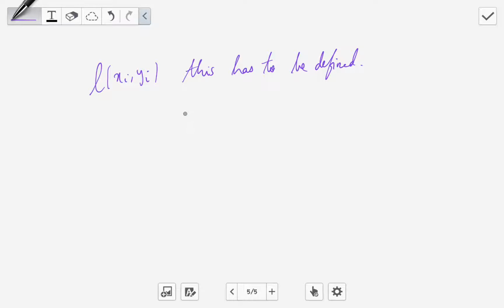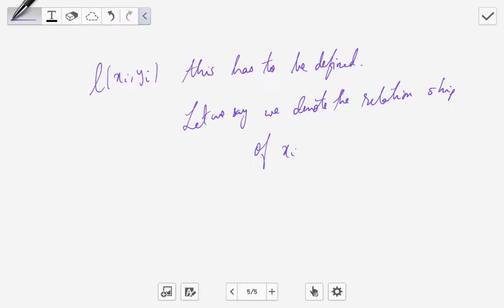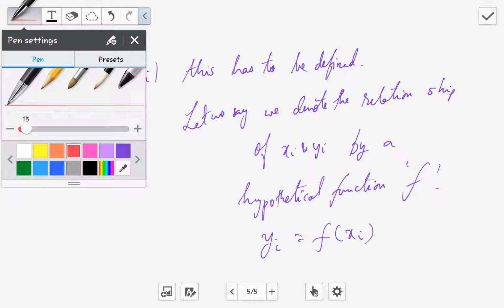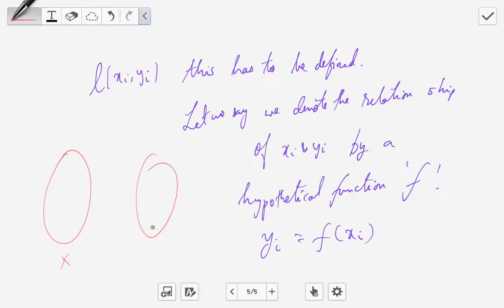Now let us say we denote the relationship of xi and yi by a hypothetical function, say small f. So yi is equal to small f of xi, because we had this diagram with x and y, and we said they are related by some f.